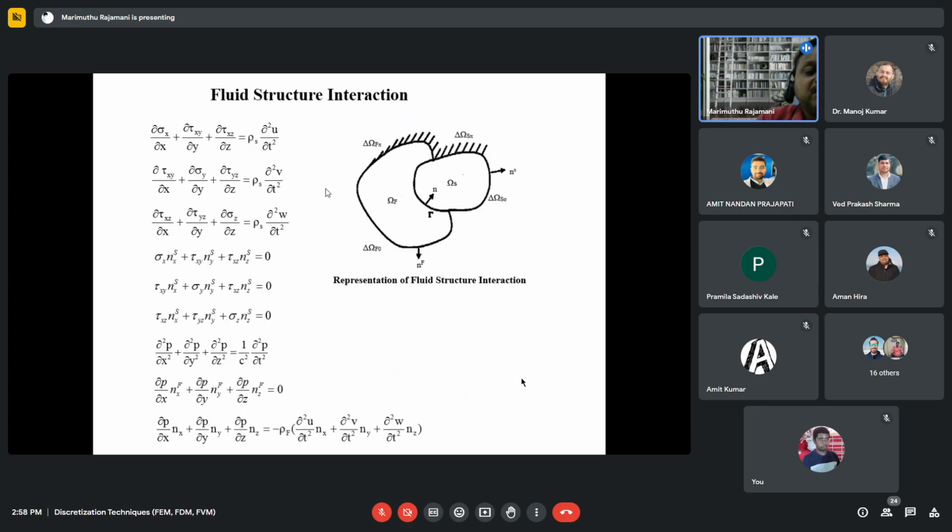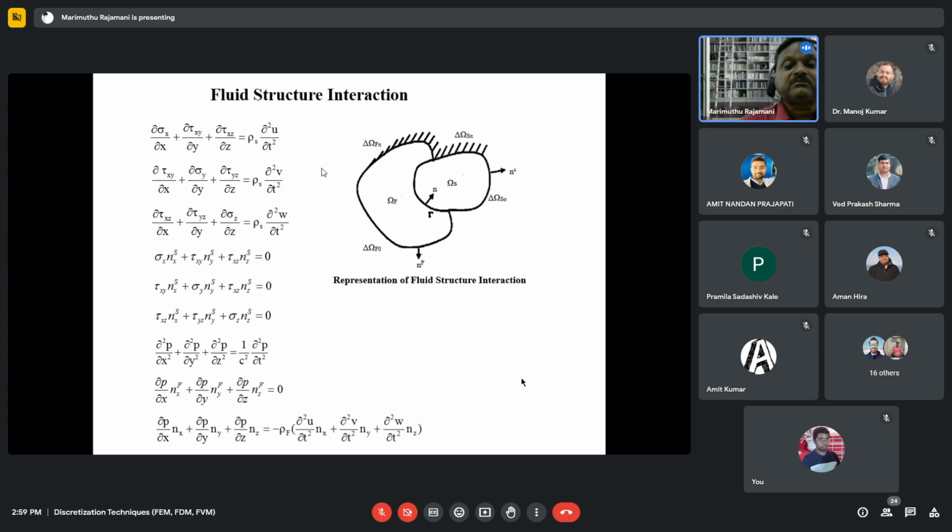And now I will talk something about fluid structure interaction. As I told you, we are using fluid structure interaction in the case of contained liquid.